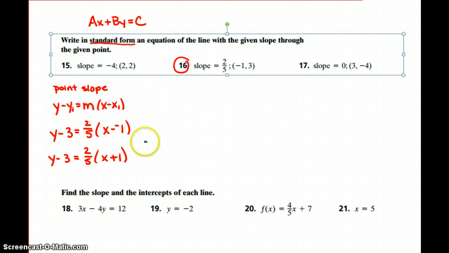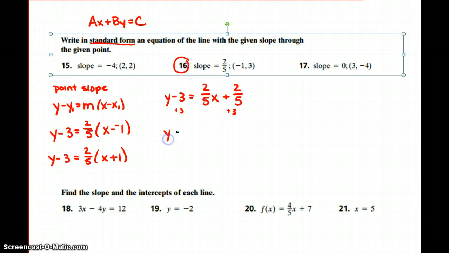I'm next going to distribute. So y minus 3 equals 2/5 x plus 2/5. And now I'm going to add 3 to both sides.